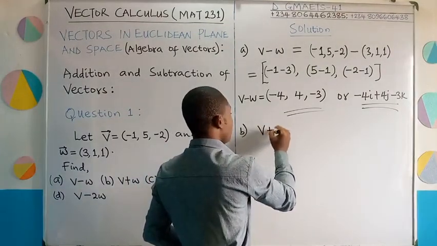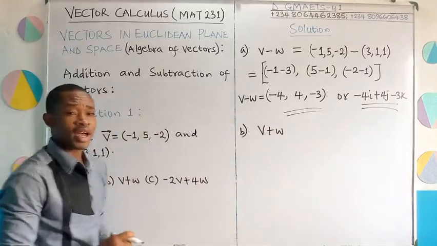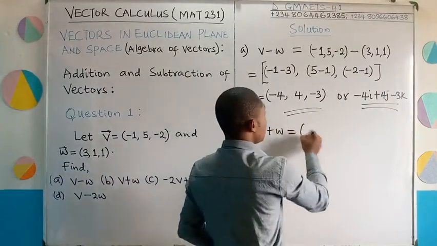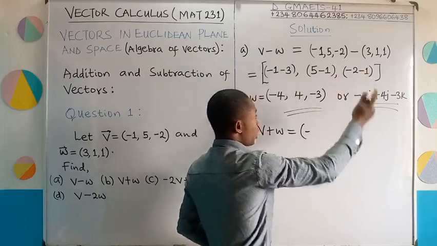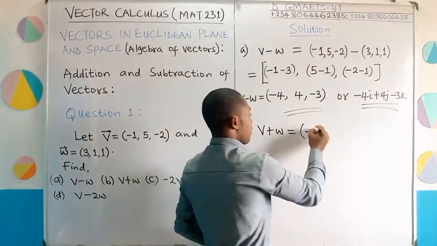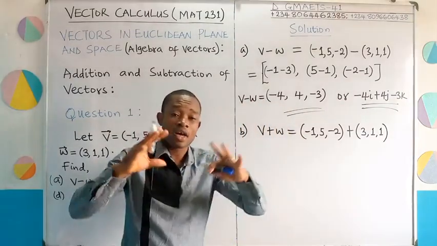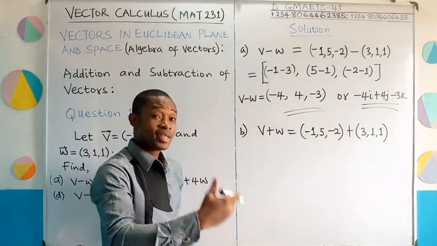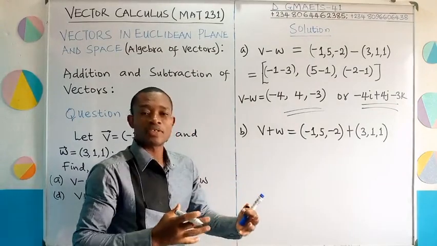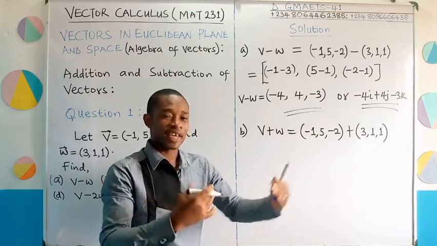We are asked to evaluate v plus w, and so I'll be fast in doing that. We know our vector v already, the components -1, 5, -2, then the next one, w, is 3, 1, 1. We are adding, you know that. So adding up this in terms of the like terms, x to x, y to y, z to z, or you talk in terms of i component, j component, and then k component.